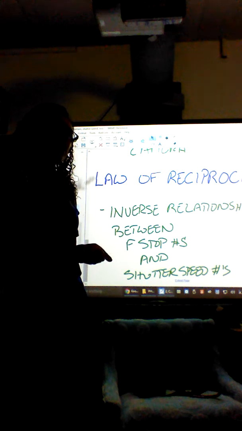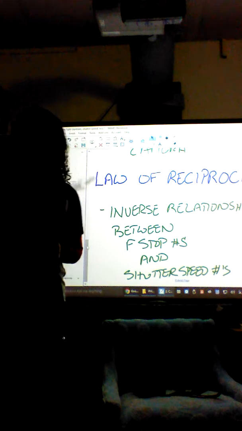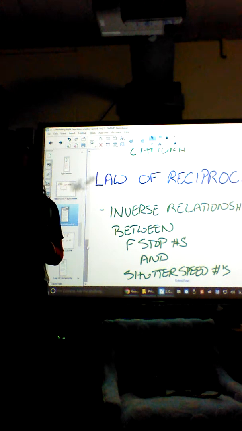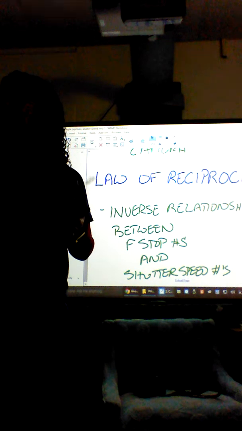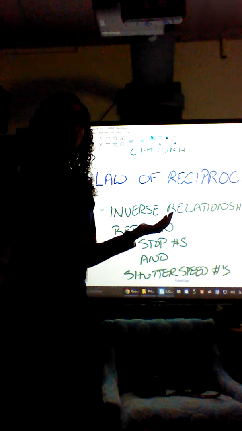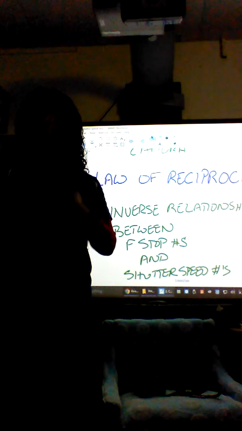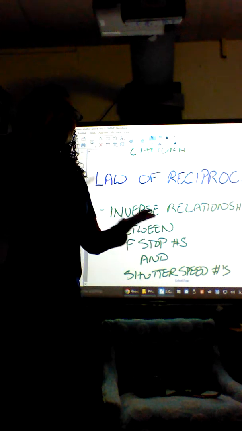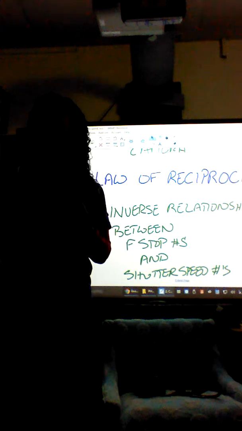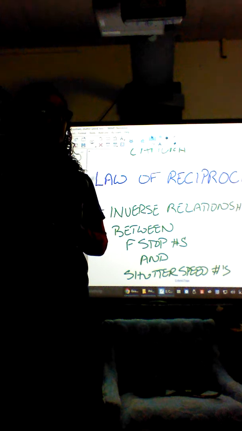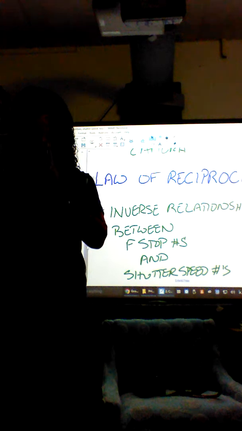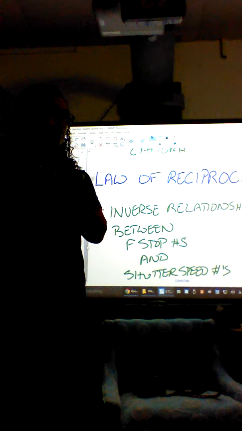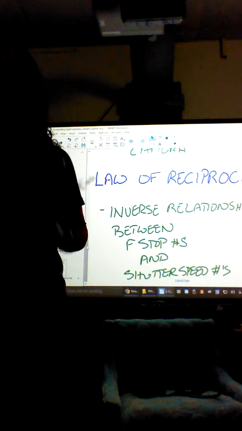I'm going to say, okay, I want everybody to set their cameras to f16 and a shutter speed of 125. And then take a meter reading of your subject. If it's too light or too dark, you're going to start changing one of your controls, either f-stop or shutter speed, and that's where we're going to start tomorrow. Questions? All right, that is that.